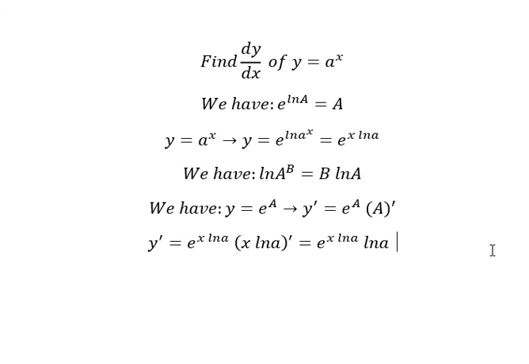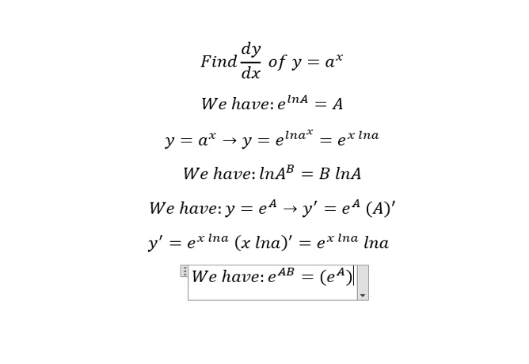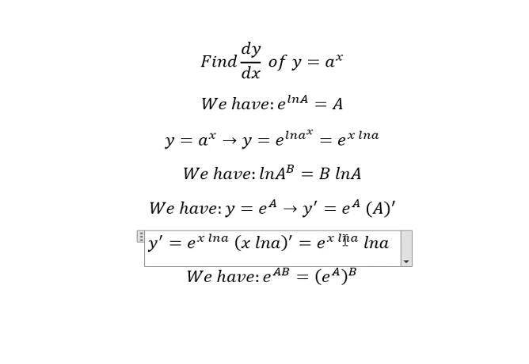Next, we have the next one. e to the power of ln A would be in here, equals e to the power of A, everything to the power of B. So we put ln a in here, and x goes outside.